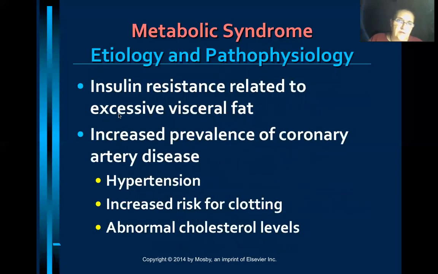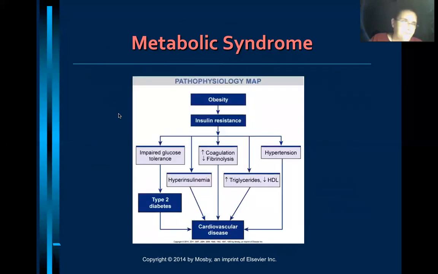So the etiology and pathophysiology is insulin resistance related to excessive visceral fat. It's an increased prevalence of coronary artery disease that shows up in hypertension, increased risk for clotting, and abnormal cholesterol levels. Here's a little chart for you.